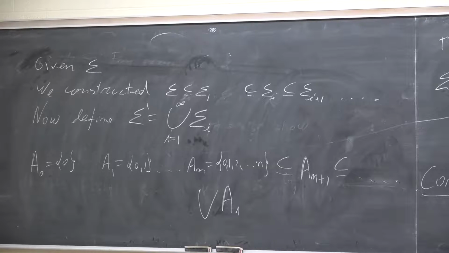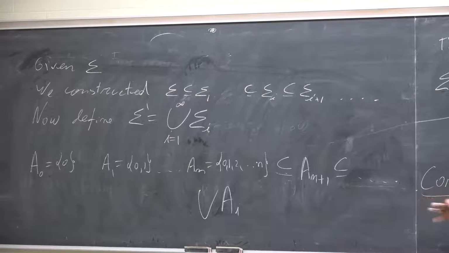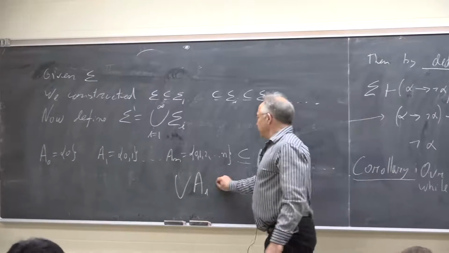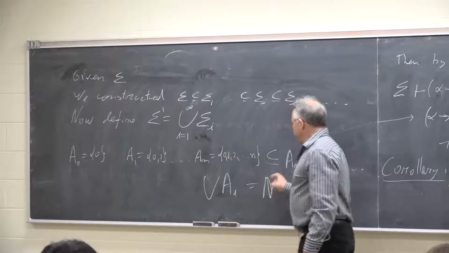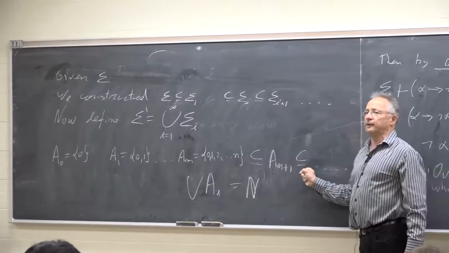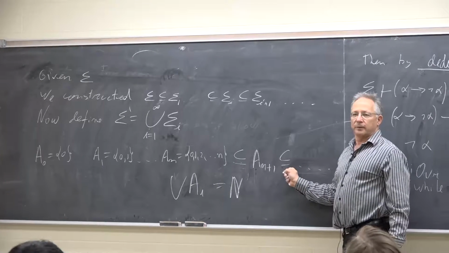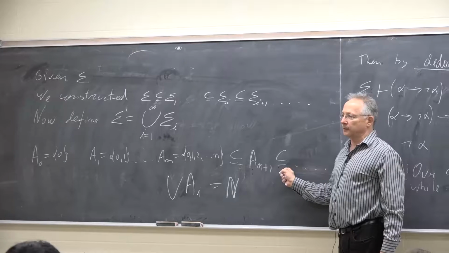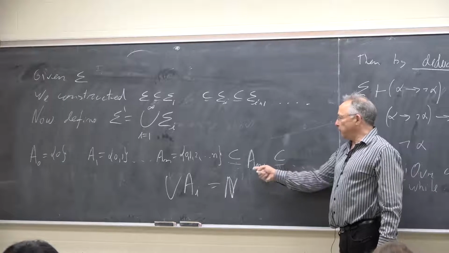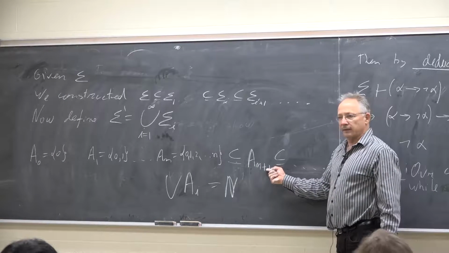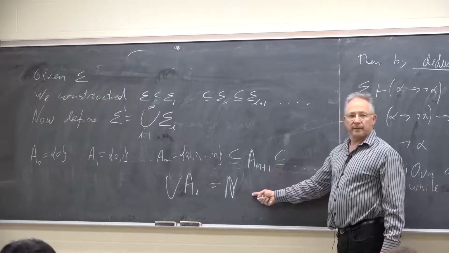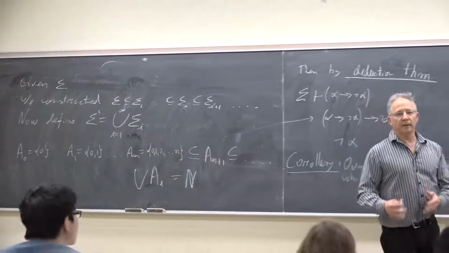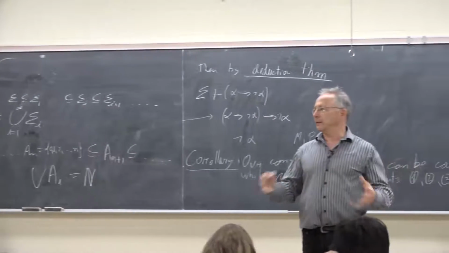It's all of the natural numbers, right? Each AI contains more and more natural numbers. So the union is all of the natural numbers. But each individual set is finite. So the union is much bigger than any of the individual sets in the sequence. Each individual set here is just a finite set. But the union becomes suddenly infinite. So the union can be very different than each of the sets in the sequence.